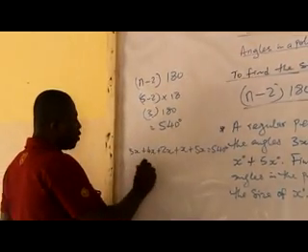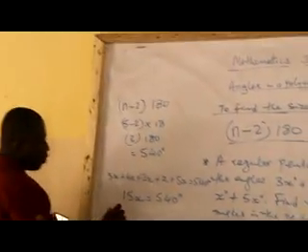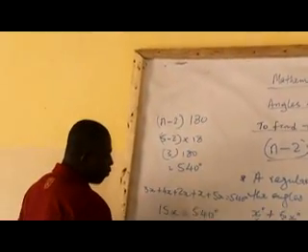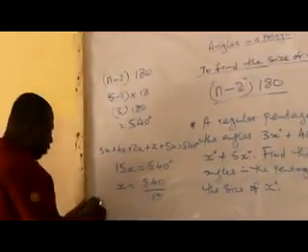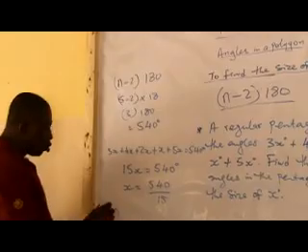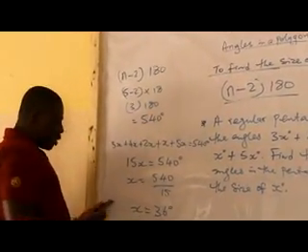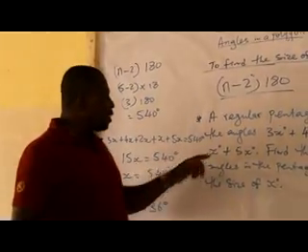So we have 15x is equal to 540 degrees. Then x is equal to 540 over 15. When we divide by 15, we get x is equal to 36 degrees.